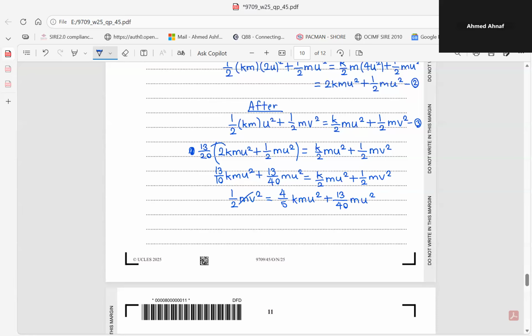Okay, now we can cancel the m out. Multiply by 2 on both sides. You would get 8 over 5 k u squared plus 13 over 40 times 2, which is 13 over 20 u squared. Okay, so this is our fourth equation.